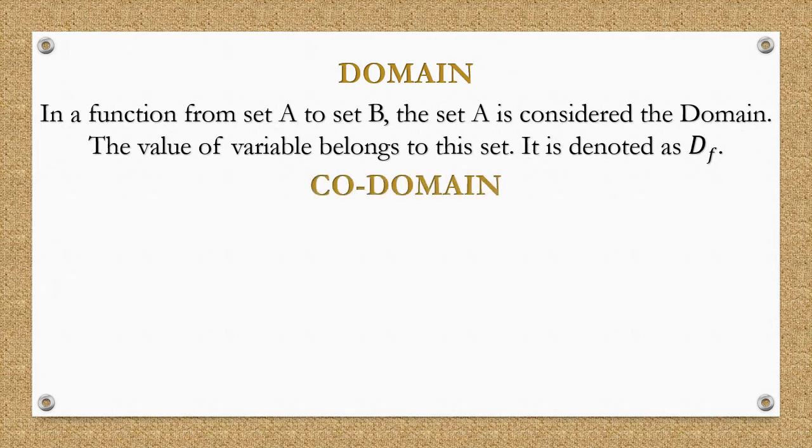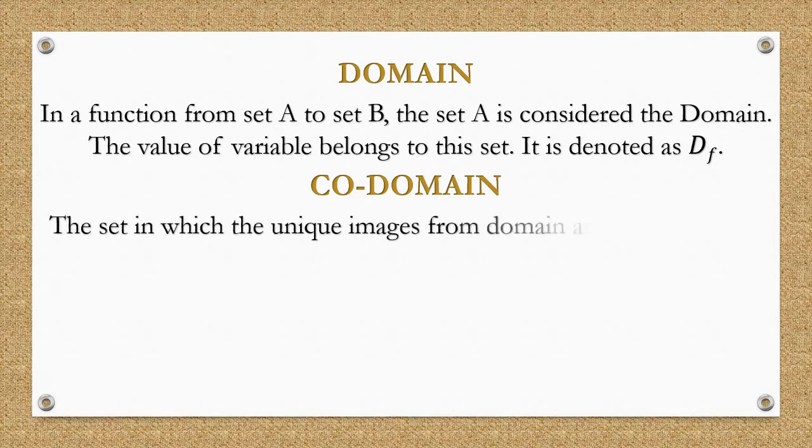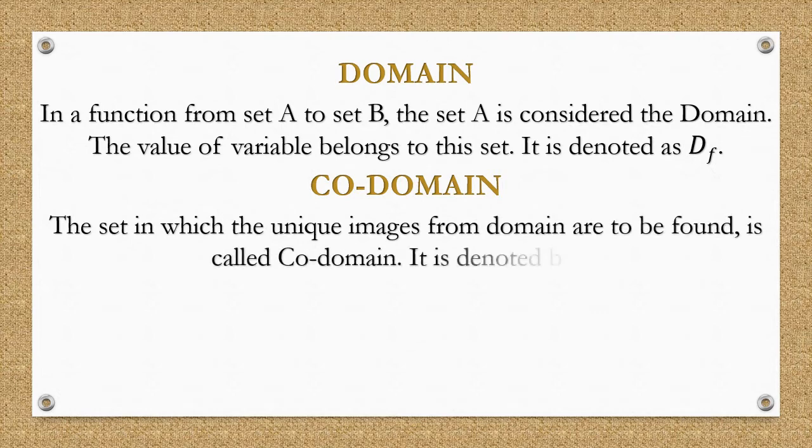Codomain. Now I think you might have got what the meaning of a codomain is. The set in which the unique images from the domain are to be found is called the codomain. It is denoted by B. When we take the values of A and put them into the equation and we get certain answers, those answers are known as images, and those images must belong to the second set.